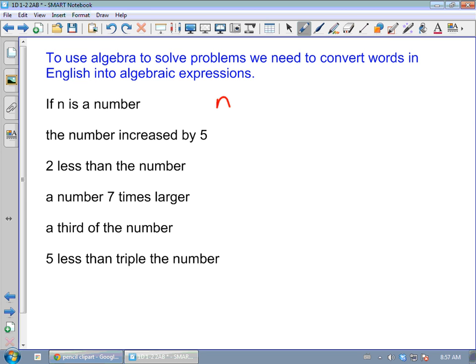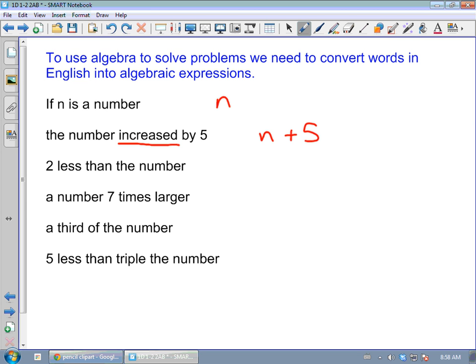And then we want to come up with an algebraic expression that represents each of these things here that is described in words. So for instance, if n is our number and we want to represent the number being increased by 5, this word here, increased, is describing a mathematical operation. If we're increasing this thing by 5, what mathematical operation are we doing here? We're doing addition. So we would have n plus 5.